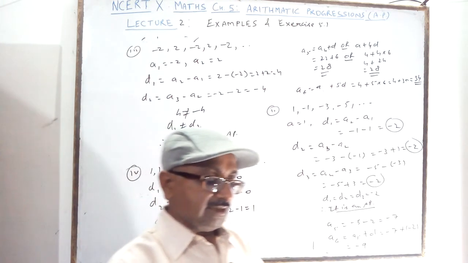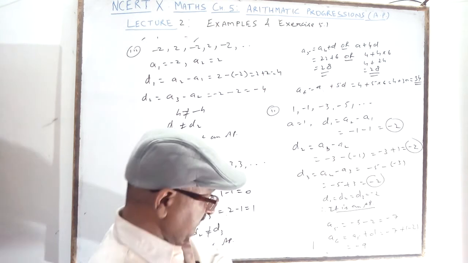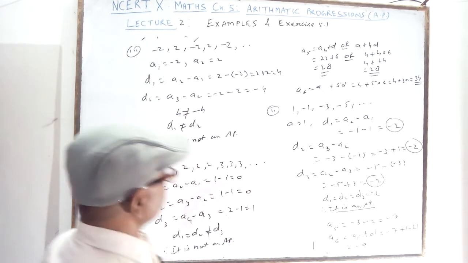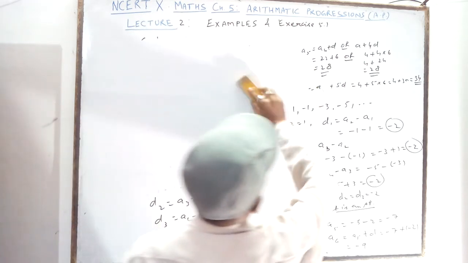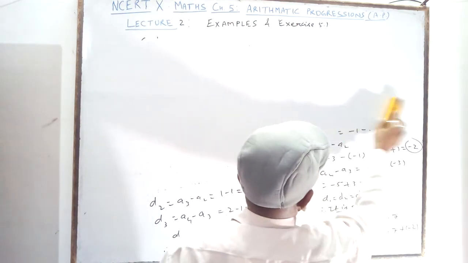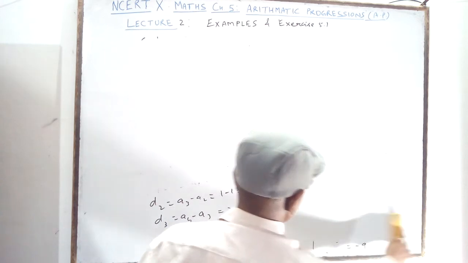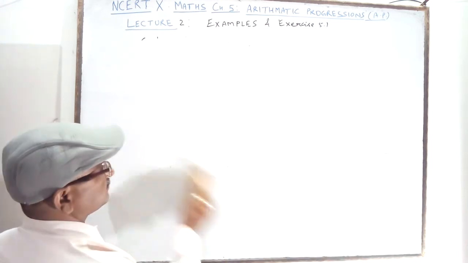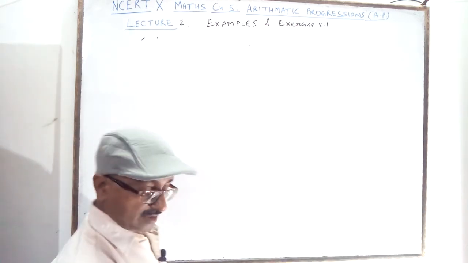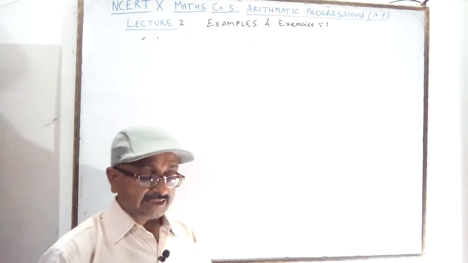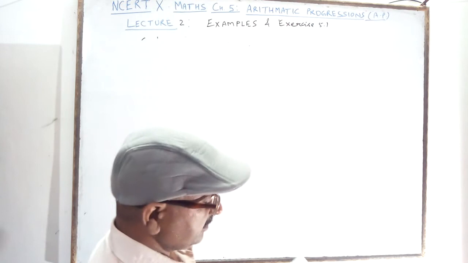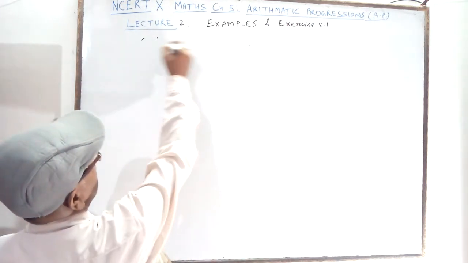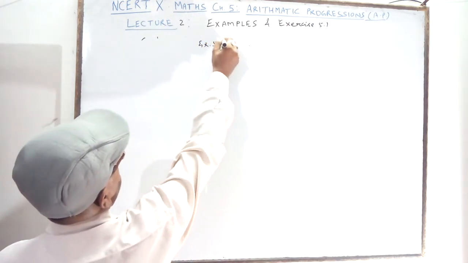So here, Exercise 5.1 is given. Question number 1 is a very simple question. There are 3 parts given, in which the taxi fare after each kilometer is given.